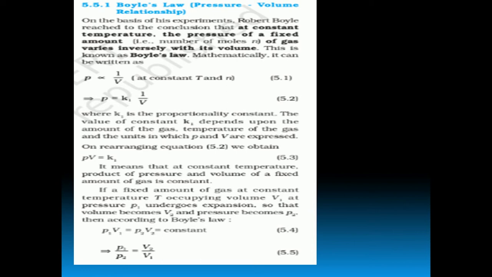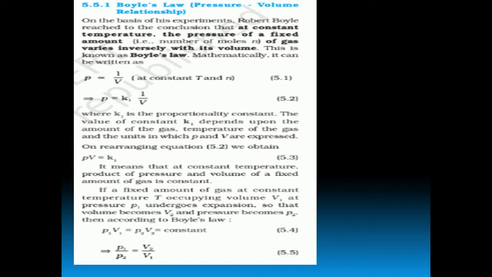In 1662, Robert Boyle studied the changes in volume of a fixed amount of a gas by varying pressure at a constant temperature, and this relationship is known as Boyle's law. That is, at constant temperature, the pressure of a fixed amount of a gas varies inversely with the volume of the gas.